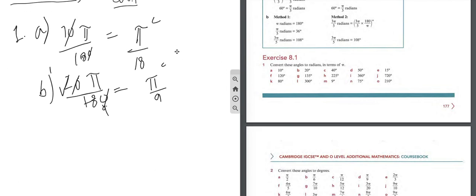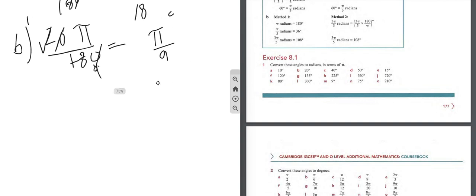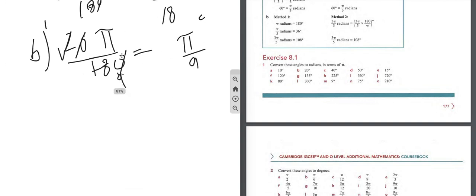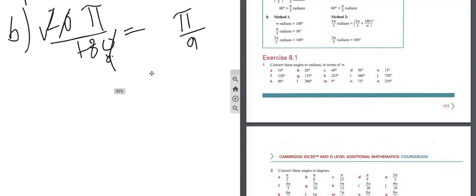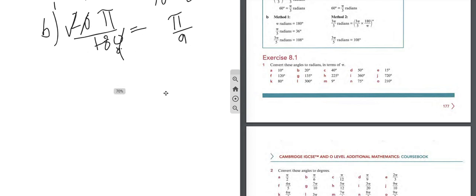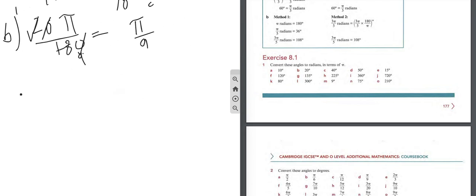Okay, I'm just going to move forward with this. If you have the C part, so 40 degrees, we can write it as 40 pi by 180 radians.